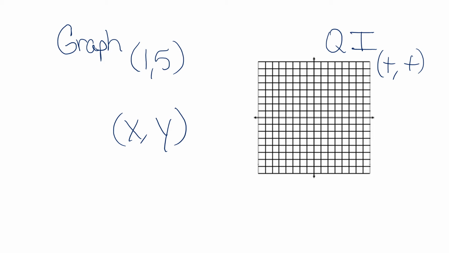It's alphabetical. The 1's going to tell me which direction to go left or right, and the y will tell me which direction to go up or down. Again, start at your origin, and I'm going to go one line to the right, and then up 1, 2, 3, 4, 5. So there's my new ordered pair that's graphed at 1, 5.